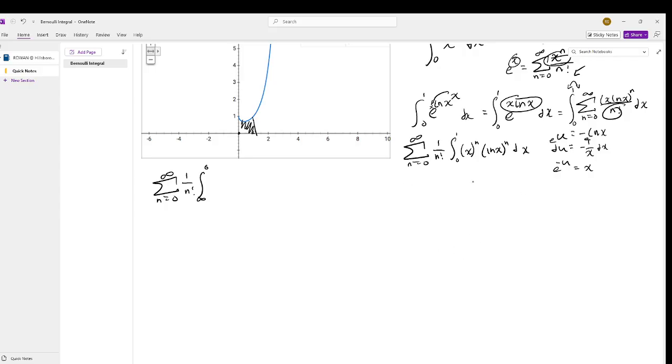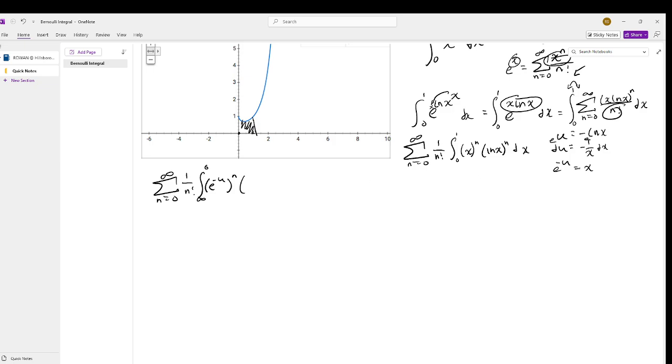Now we're going to plug all these substitutions in. For x, we know that x is equal to e to the negative u, so we get e to the negative u to the power of n.